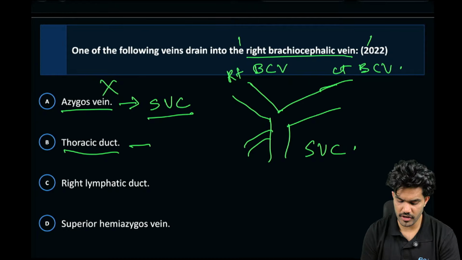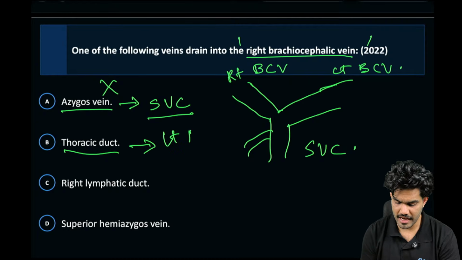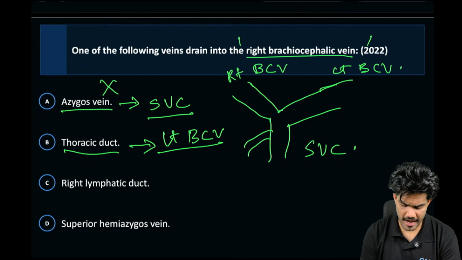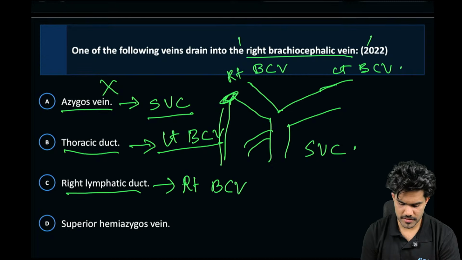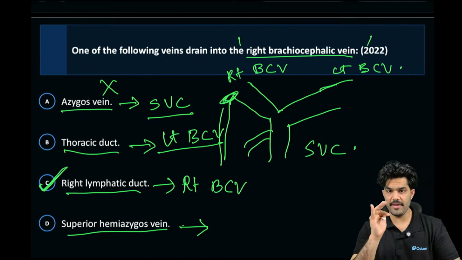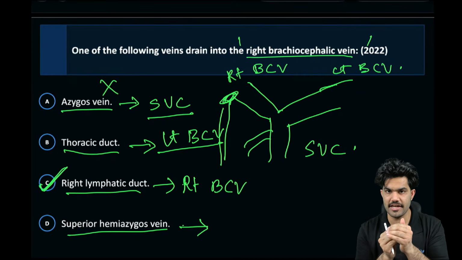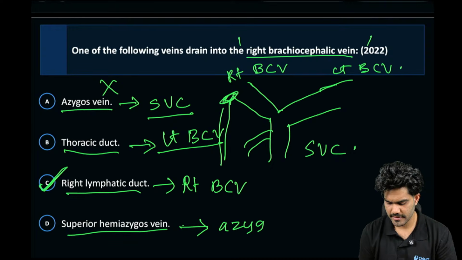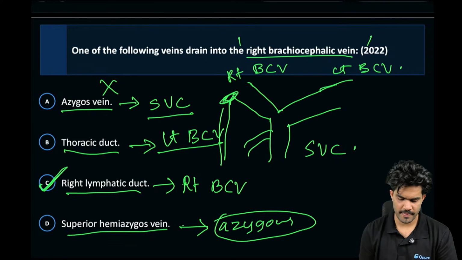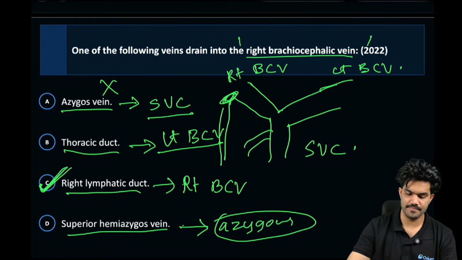The thoracic duct, we all know, drains to the left brachiocephalic vein. And the right lymphatic duct will drain to the right brachiocephalic. So this one will be the answer. Superior hemiazygos and inferior hemiazygos, as I told you, drain directly to the azygos. So the right answer will be C.